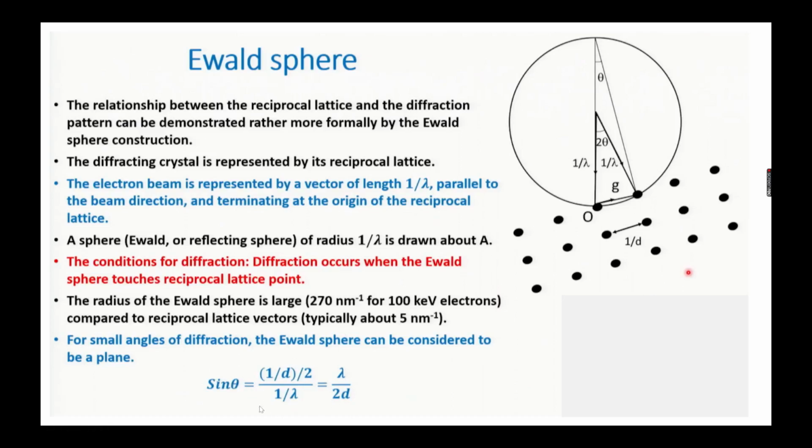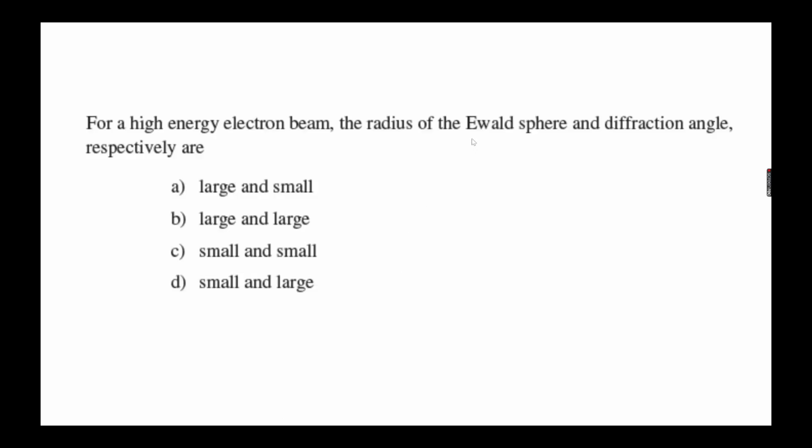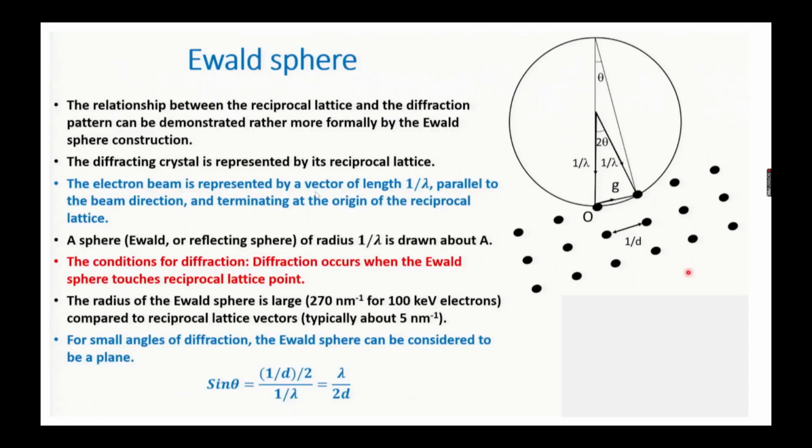From this relation also you can get it. So for a high energy electron beam, the radius of your Ewald sphere will be large and it is inversely proportional to your diffraction angle, so that will be small. So this will be large and small.